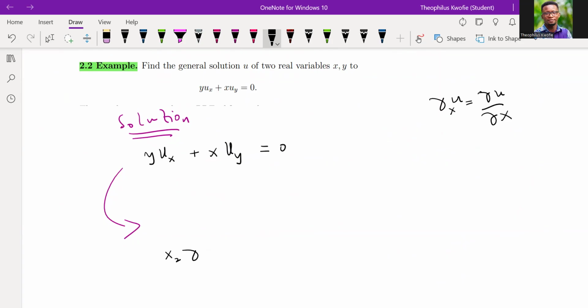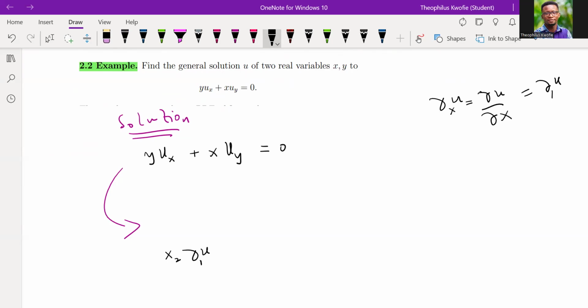Remember that I said this is the same as the partial of u1. We said that these are the same. So please take note of that. It's just a language, and we have to learn the language. So x2 times the partial of u with respect to 1, and 1 corresponds to your x.